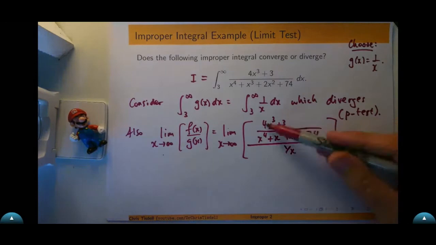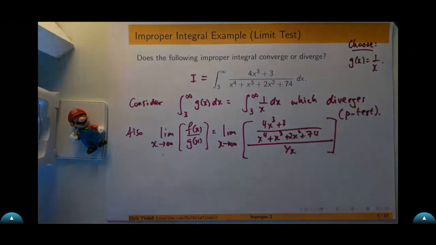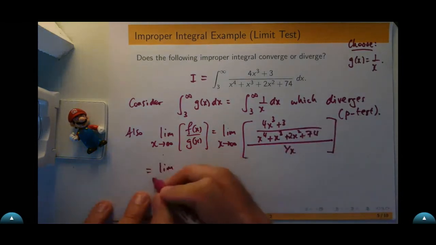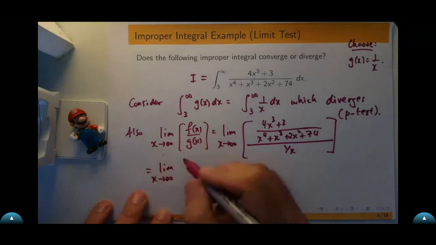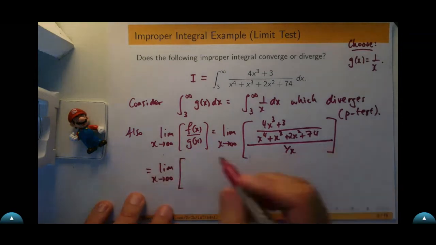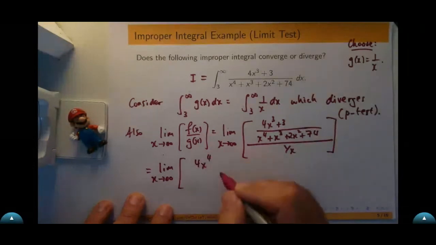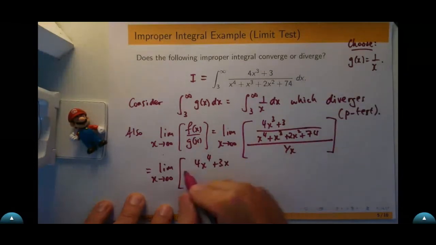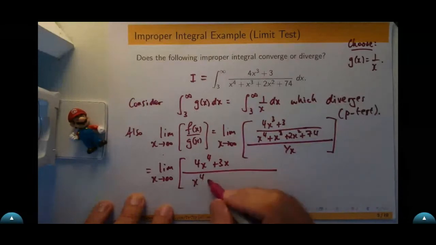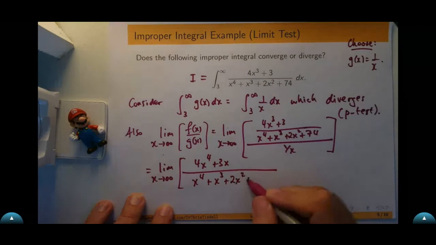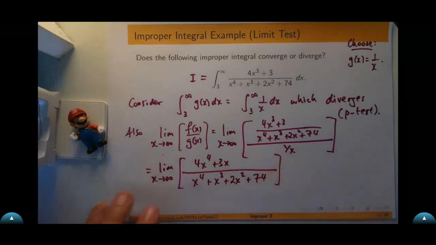The 1 on x can come up here, and then you can take the limit. Who can tell me what is the limit of this giant mess going to be? Who can tell me on the chat? Well, let's have a look, Russell. It's not going to be very helpful if it's undefined, because we can't use the limit form. So as x goes to infinity, what is this going to?